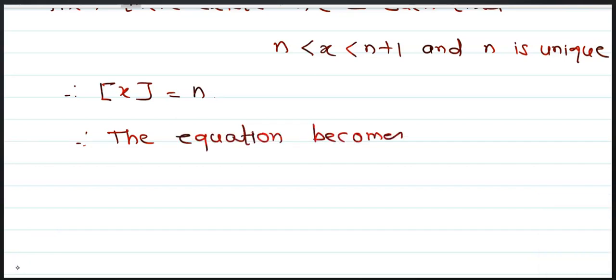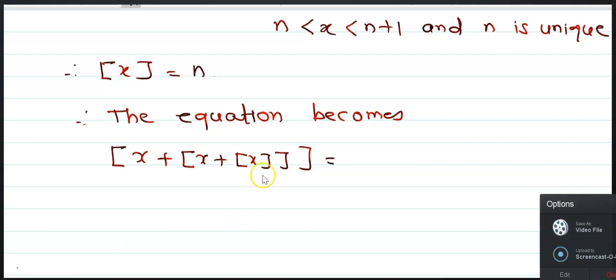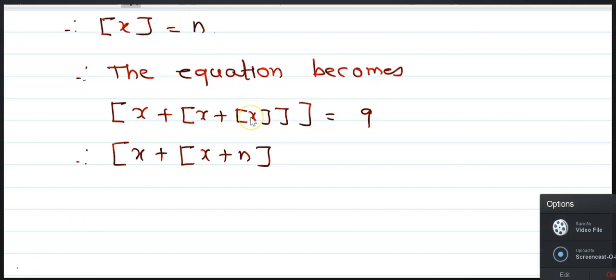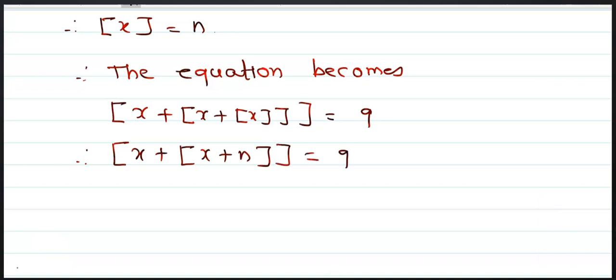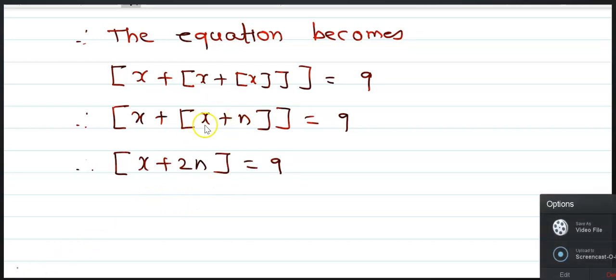Therefore, the equation becomes, now see this here, the integral part of x is n. This is n, and next is the integral part of 2x. Now again, the integral part of this is also n, and n plus n is 2n.